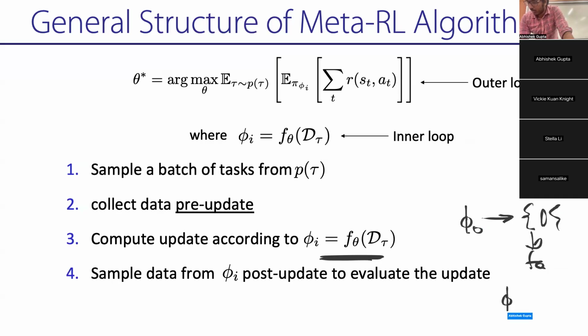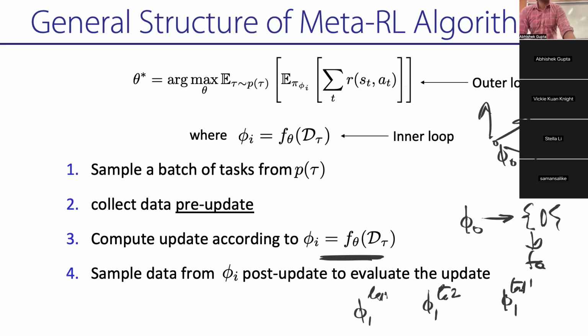This gave you phi 1 for task 1, and let's say it gave me phi 1 for task 2 and phi 1 for task 3, right? So I started from phi naught and ran my update rule. It gave me k different updates for k different tasks.